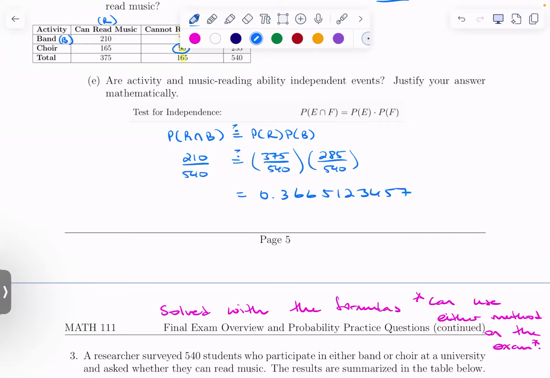So you don't want to be doing any rounding because then they might not be exactly the same. Compared to 210 over 540, I get 0.3888 repeating, which is not the same, of course.